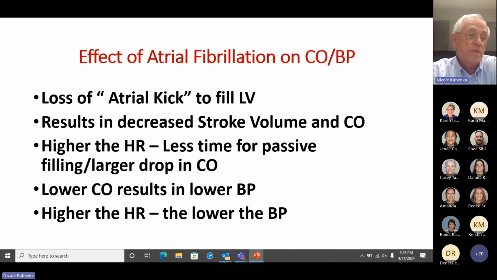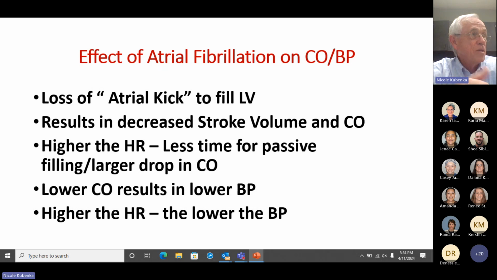So the common thing that happens is patient comes in with atrial fib, and all of a sudden their heart rate starts to go up, but all the nurse is really tuned into is the blood pressure. And the blood pressure goes down to 100, it goes down to 90. And so they don't give the metoprolol. What happens? Their heart rate goes faster. And then what happens? Blood pressure goes lower. So how do you fix the blood pressure? You give the metoprolol, right?